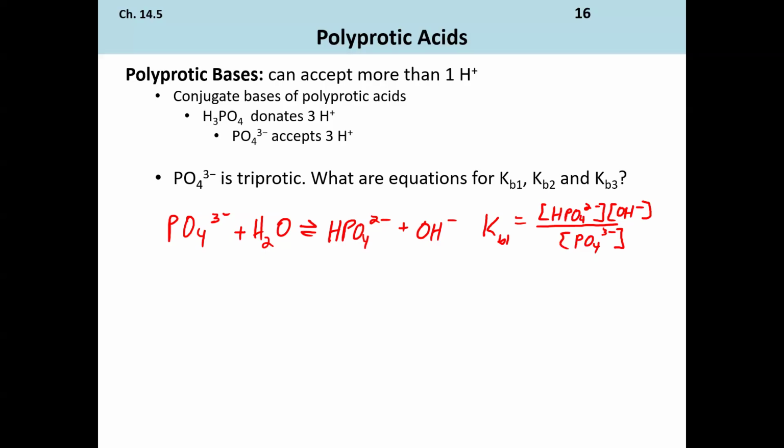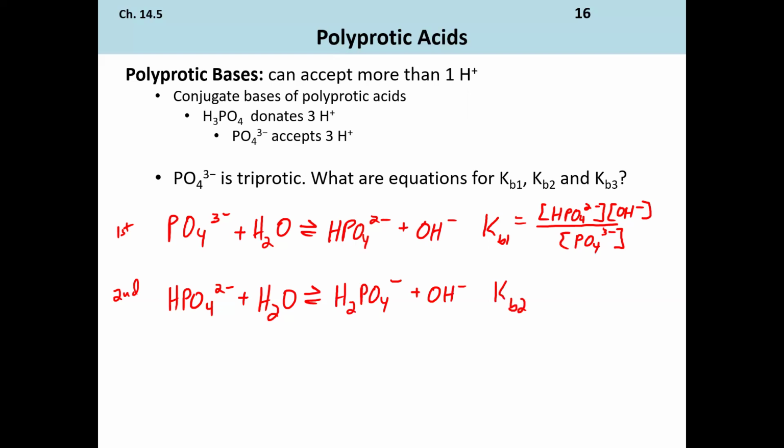All right, so this is our first ionization. Our second would start off where we ended, with HPO4 2 minus. It's going to gain another H plus from water, and that's going to become H2PO4 minus.